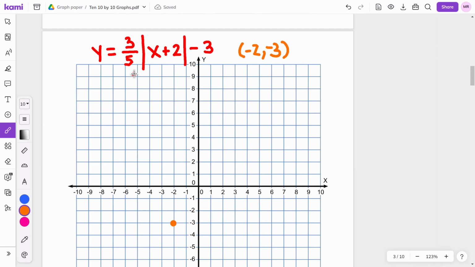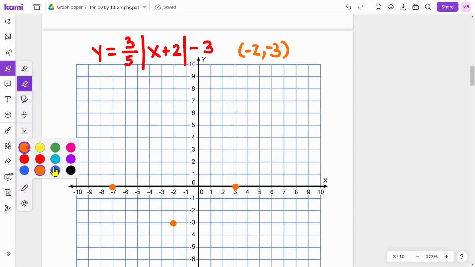But again, for these V shape, these absolute value graphs, which are linear in nature, I'm going to think of it as a slope. I'm going to go up 3, out 1, 2, 3, 4, 5. And then I would continue to do that, but I'm going to run out of room on this side. So let me just connect my points.